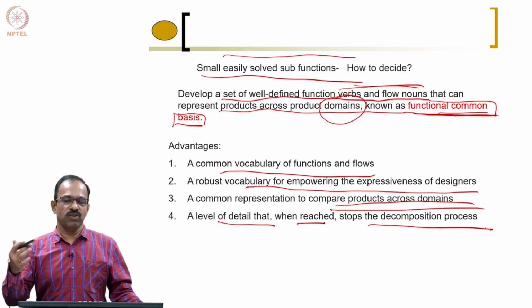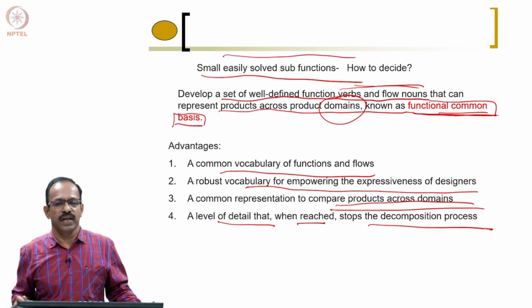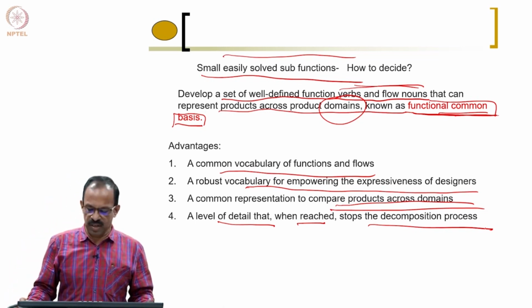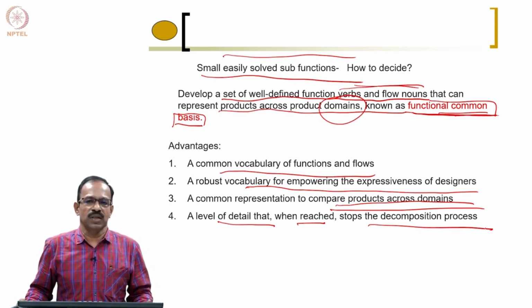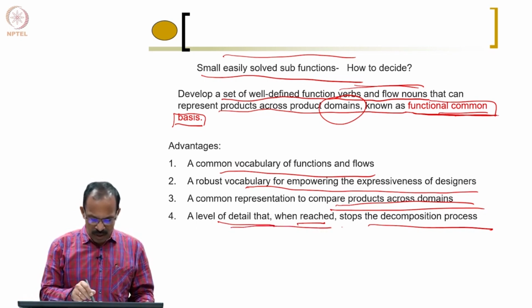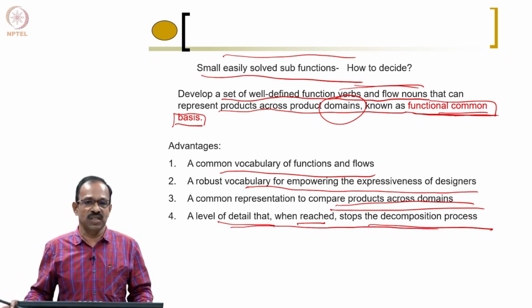So, when you can actually reach that level, then you do not need to further decompose. If you can represent it in a common functional basis, that shows that you do not need to further decompose it, because it has already reached a stage where we have the required functions or required decomposition stage achieved.